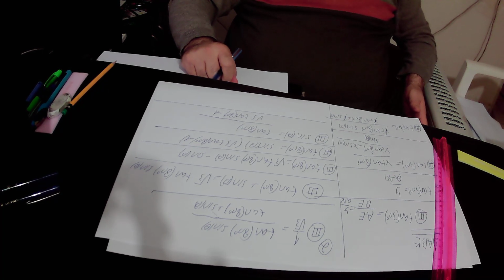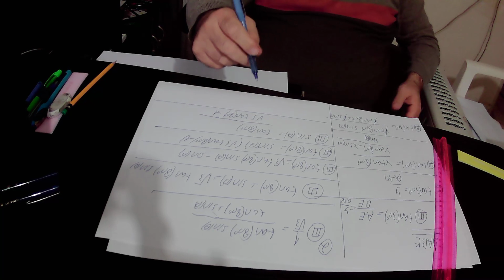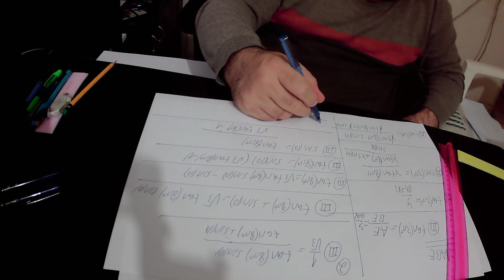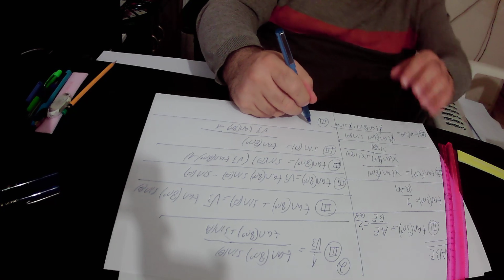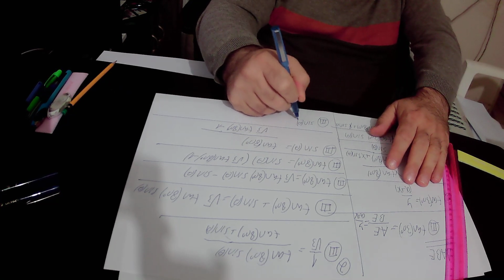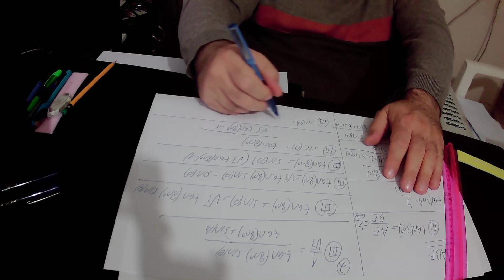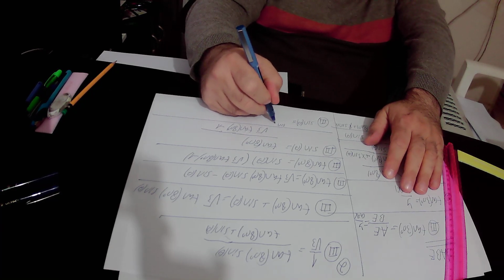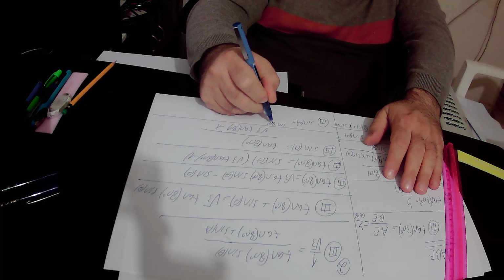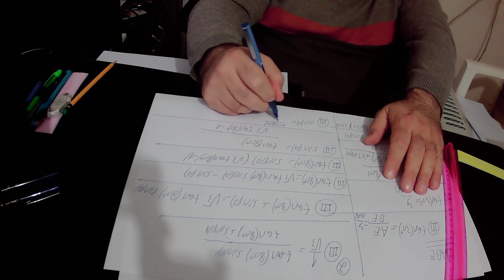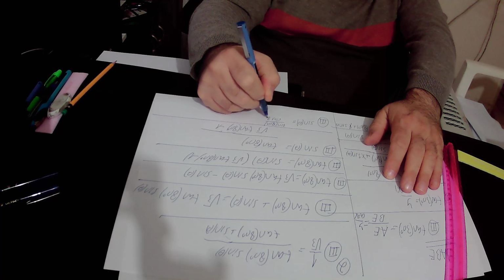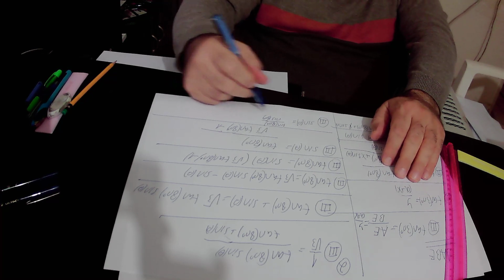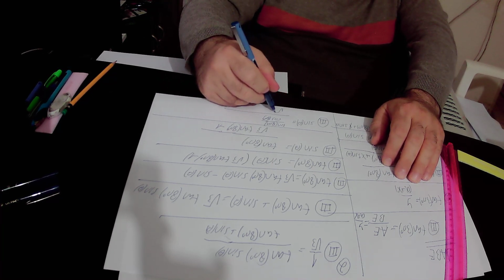So we'll substitute tangent 80 degrees by sine 80 degrees over cosine 80 degrees in this equation, and we will get that sine theta equals tangent 80 degrees, which is sine 80 degrees over cosine 80 degrees, all divided by square root of 3.